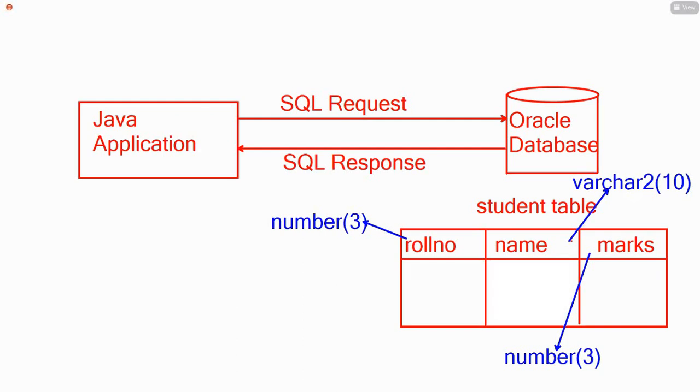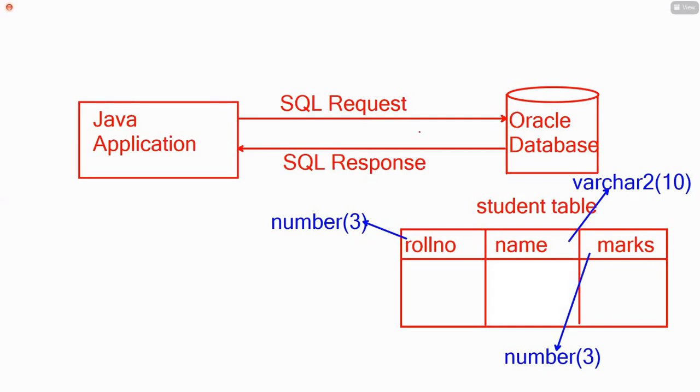Is it over? Say Java application. We are going to write a Java program. In that Java program, we'll write the SQL query. That query is passed to the database, executed on the database side, and you'll get the output. So in this program only, we write Java code and SQL code. Java code is executed in the Java runtime environment.